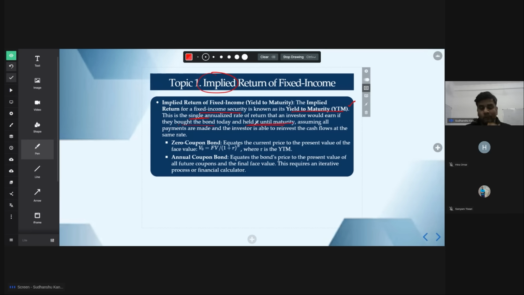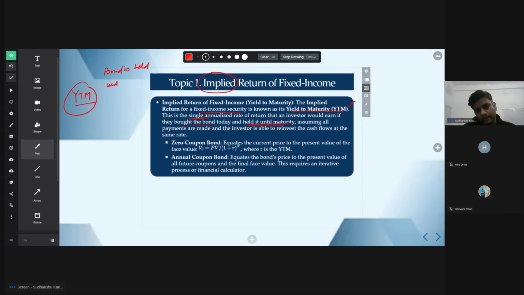Please understand, the calculation of YTM will only be true when we have the assumption that the bond is held until maturity. Very vital.